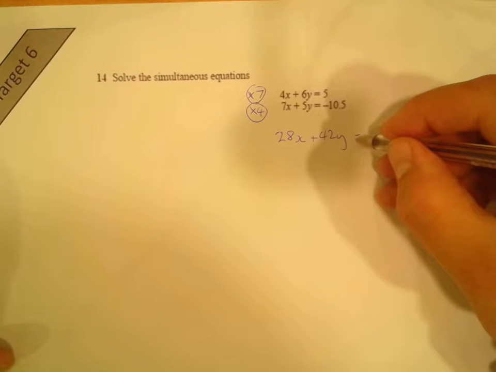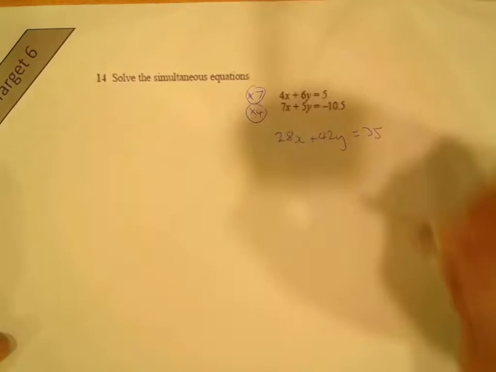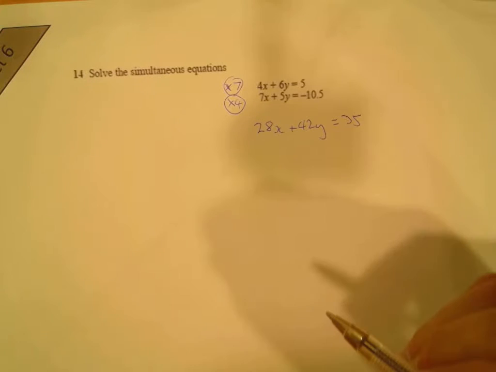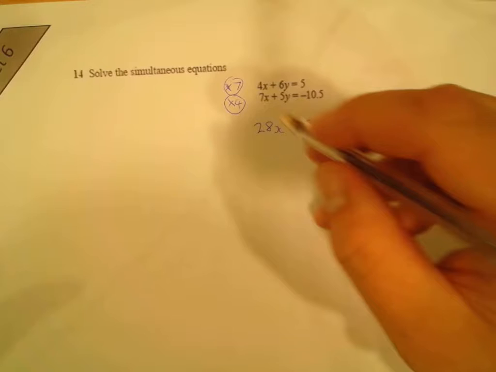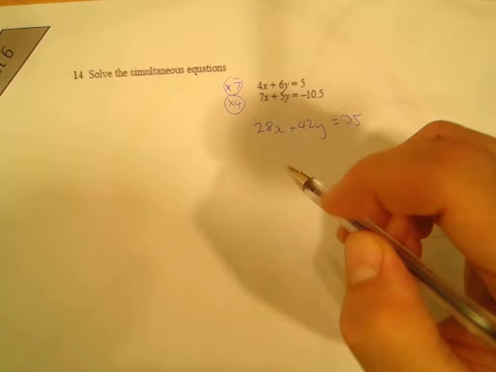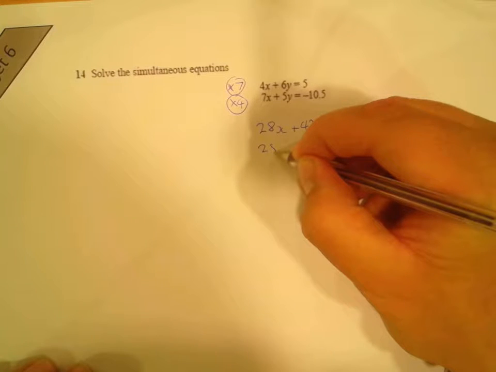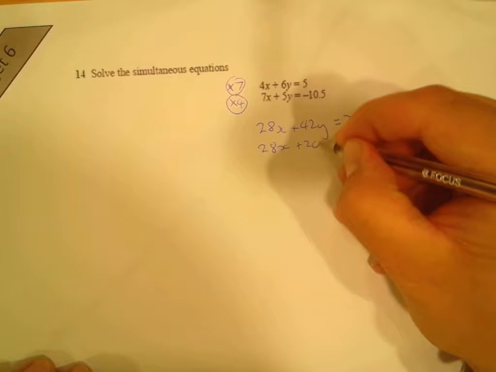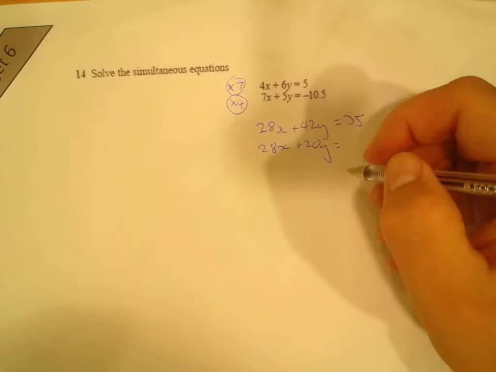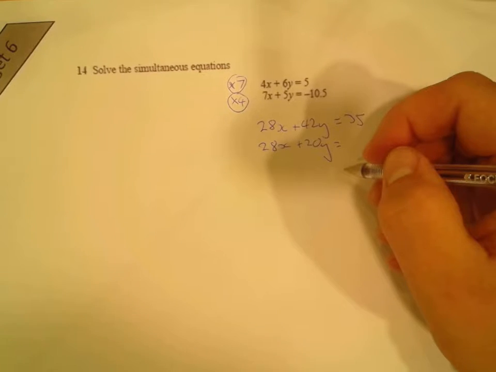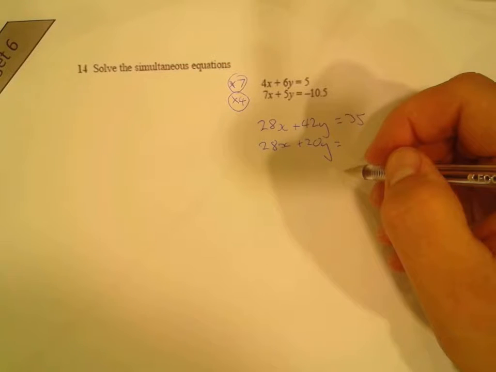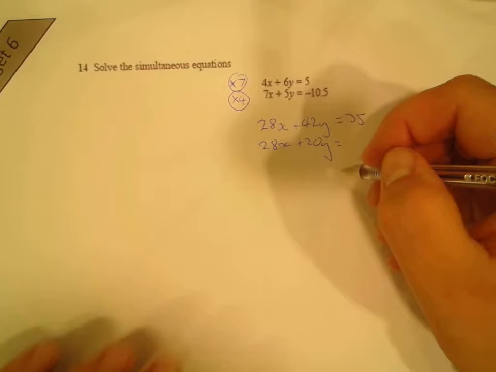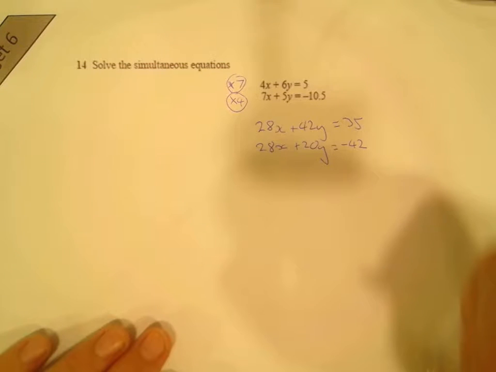And then I'm going to go for 4 times 7, which would be 28x, and 4 times 5, which would be plus 20y, and then 4 times negative 10.5 is going to give me negative 42. Okay, and remember, this is a calculator paper, so any of these multiplications you can always use a calculator to help you with.